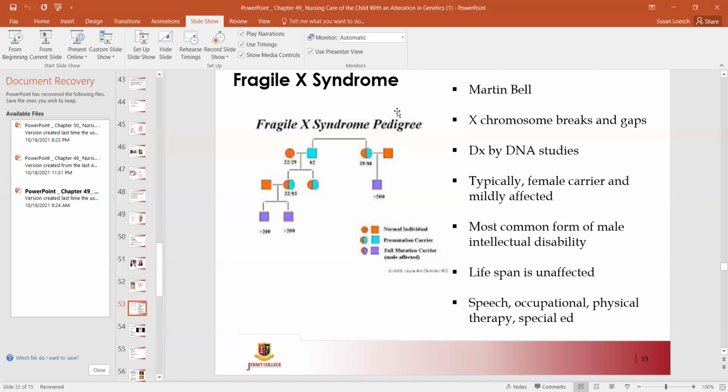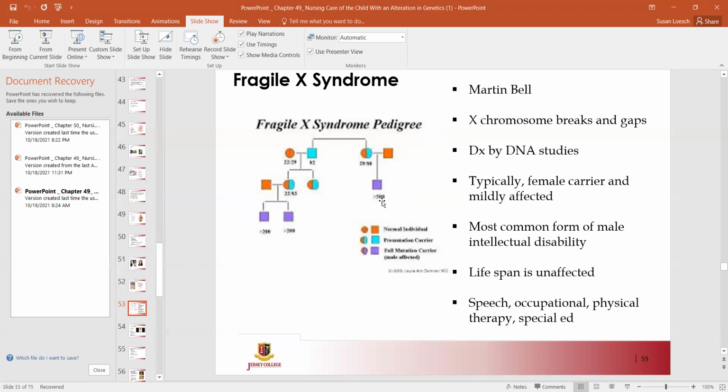Diagnosis is confirmed with molecular genetic testing. Fragile X can be diagnosed prenatally if inheritance is suspected. Management is going to be supportive, with early diagnosis and intervention, and an individualized education plan.